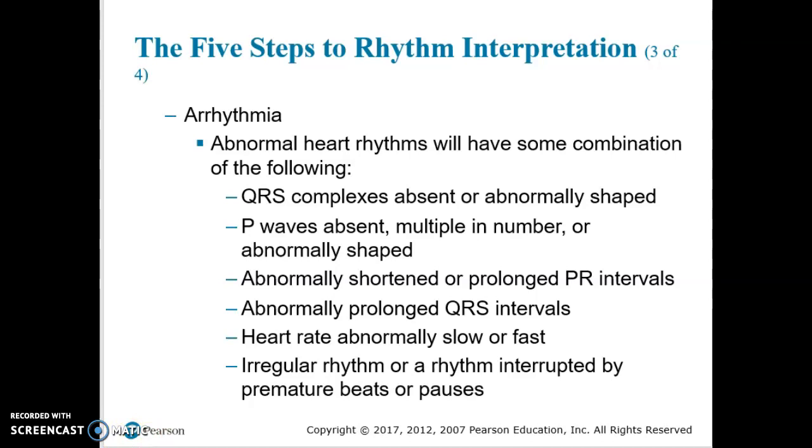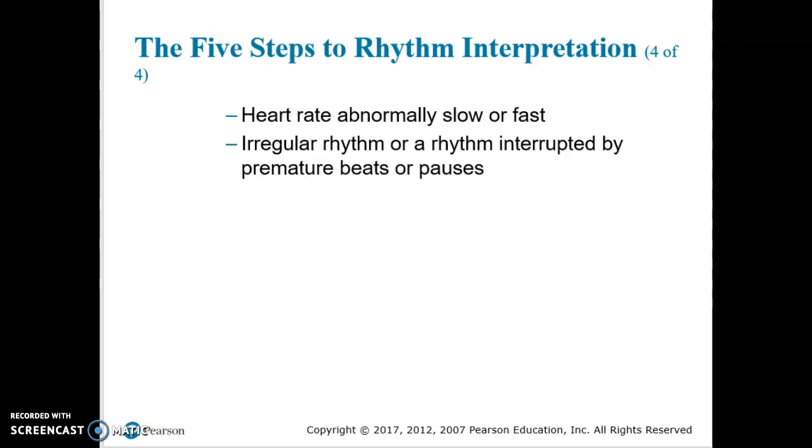When we think about an arrhythmia and we think about whether these rates are slow or fast or whether they're interrupted or what the QRS complex looks like or what the P wave looks like, there's things that you guys need to remember. Remember that normal QRS complexes should be less than 0.12 seconds.